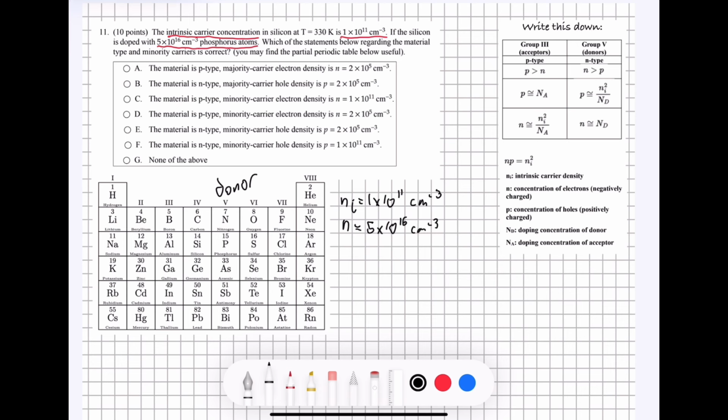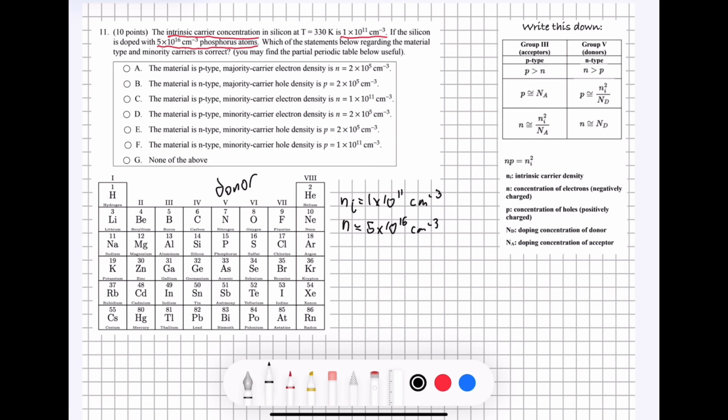Because of its status as a donor, if we were talking about an acceptor material, we would say that P is equal to this number. But because we're talking about a donor, we're talking about the N-type, which is the negative type, because, of course, this material is donating electrons which have a negative charge.